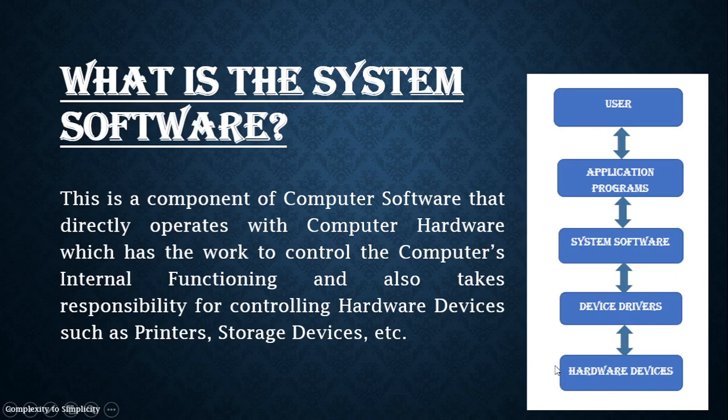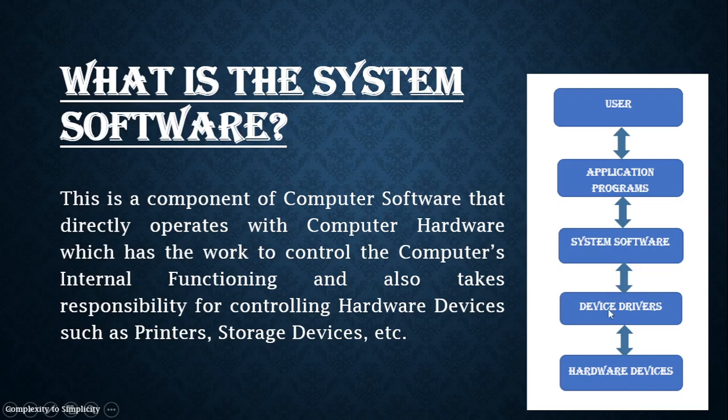Hardware devices are multiple devices that build up a computer. So hardware devices build a computer, and on top of it we have users. So we have the user and the machine, and inside it, working, we have system software. Simply, we can say system software serves as the interface between the user and the hardware devices.